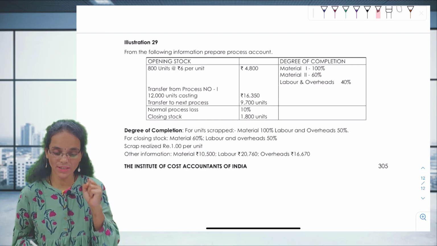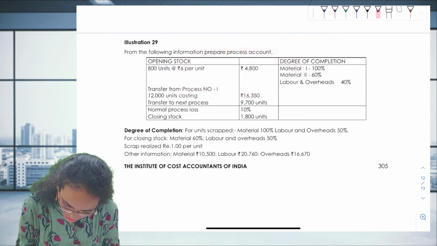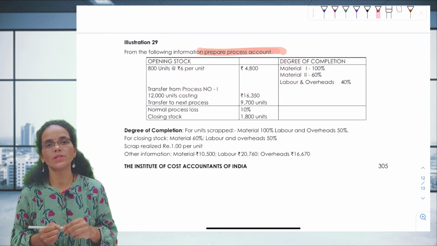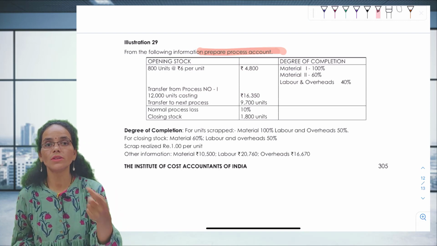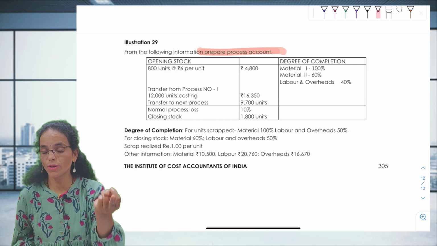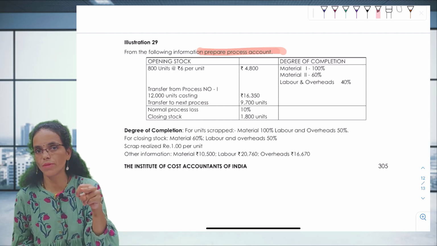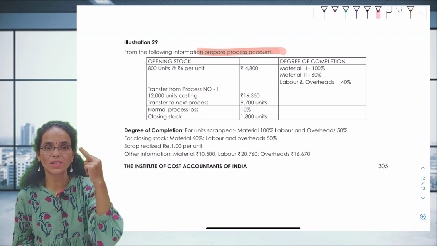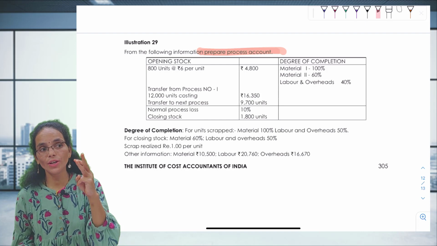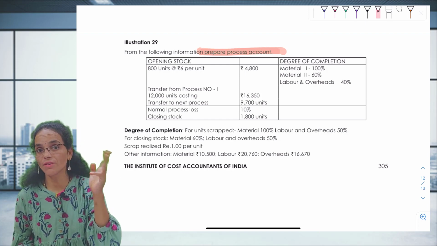What is he asking? He is asking us to prepare the process account. For that, first we need to know equivalent production. We need to know the value of the abnormal cost. First of all we need to check whether there is any abnormal loss or abnormal gain. If it is abnormal loss, we need to find out the abnormal cost, and we need to know the closing stock value, that is, the equivalent number of units.